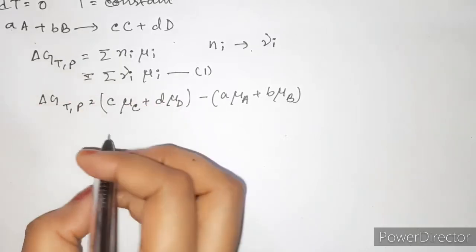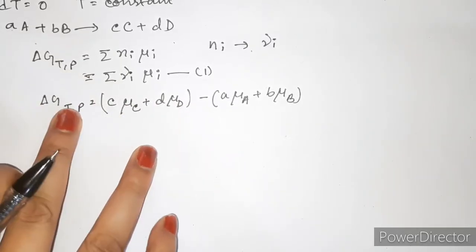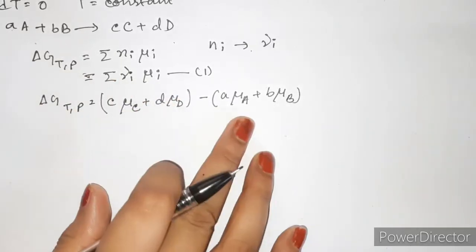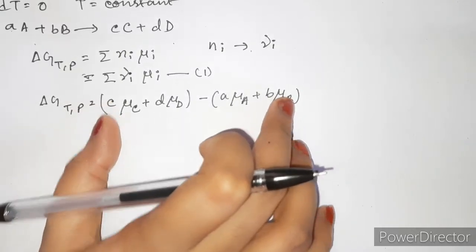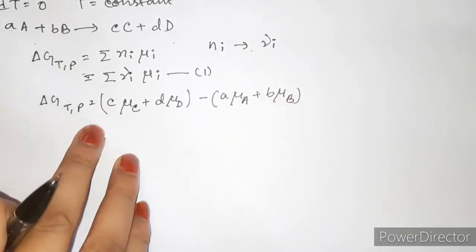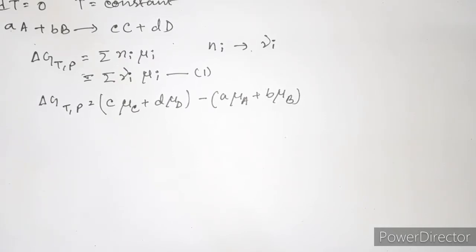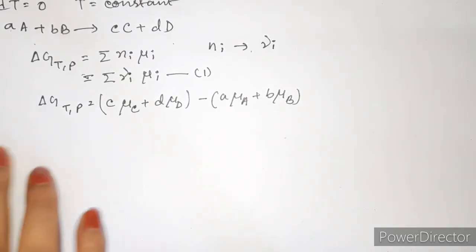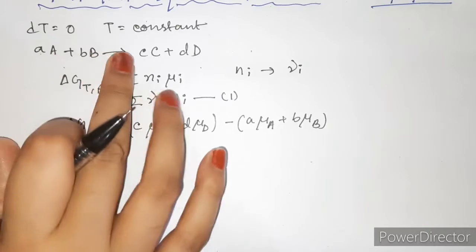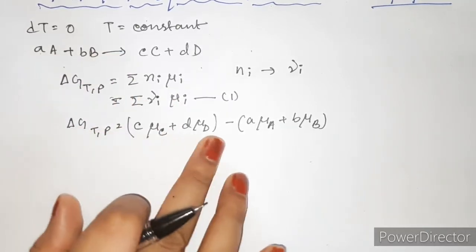From this equation you can see that del G is the subtraction of two sums of chemical potentials, and these chemical potentials are multiplied by their stoichiometric coefficients. So that is the equation for del G for this reaction.